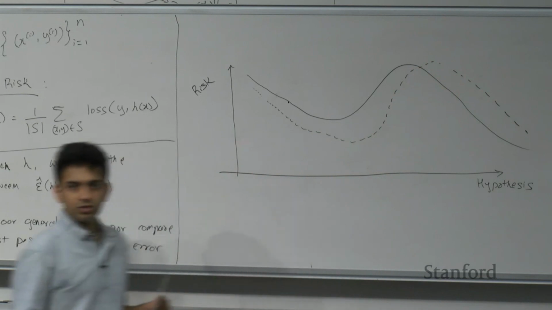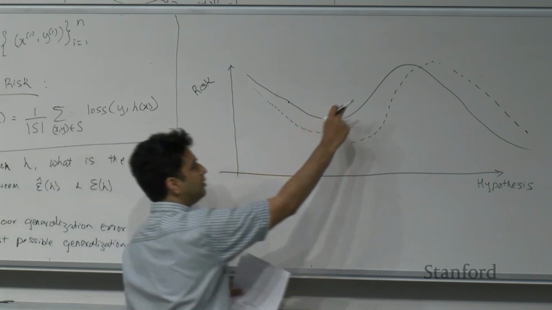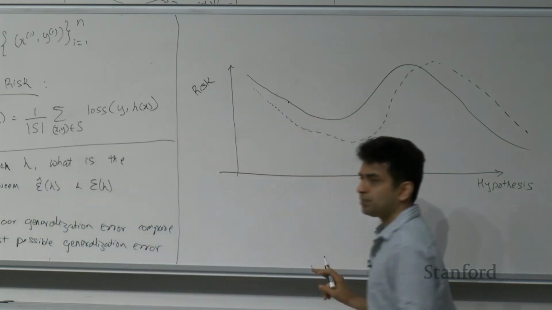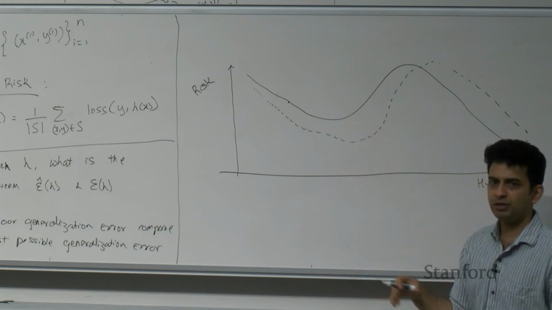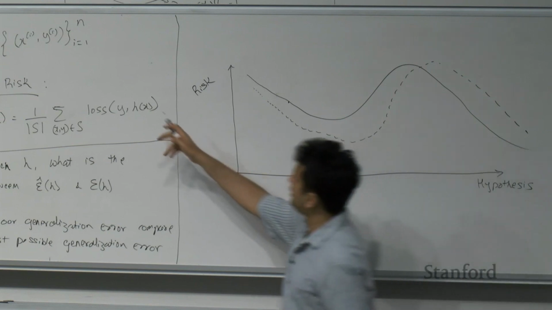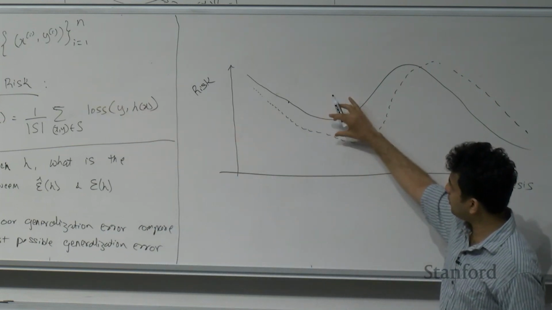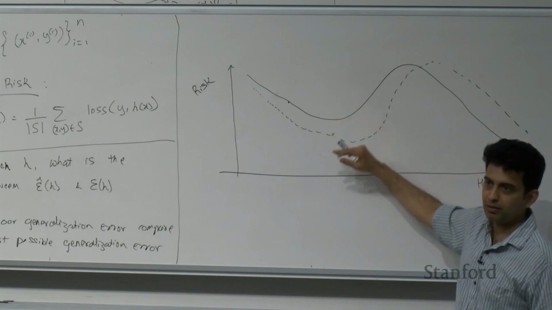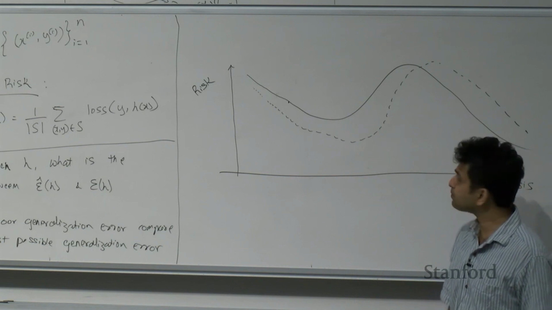It's going to be some kind of an approximation, and this gap between the true risk and the empirical risk, intuitively, you can think of as a function of your data set size. As n increases, the empirical risk and the true risk become tighter and tighter. The empirical risk gets closer to the true risk.